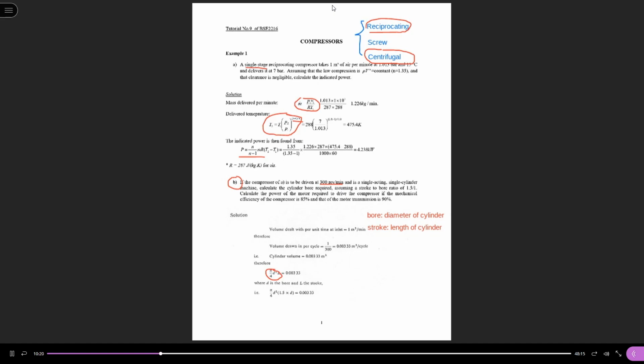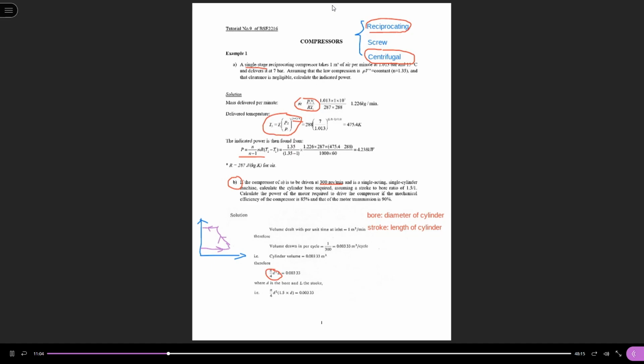For each cycle, we remember there's the induction stroke, and then a closed system, and then compression, and then the delivery stroke. This is called one cycle: open, close, compression, and open delivery.